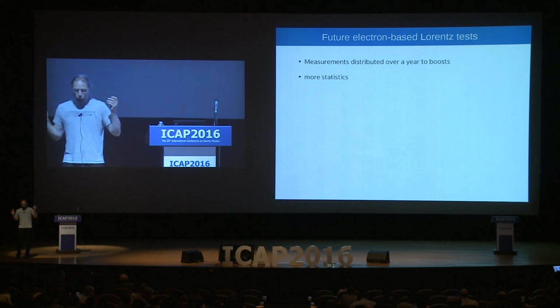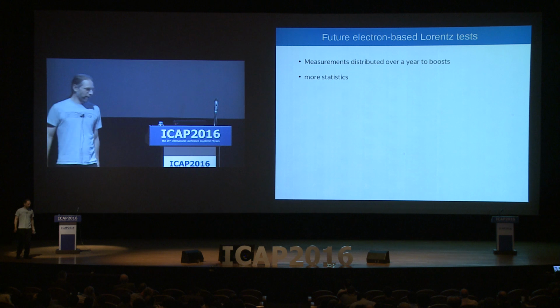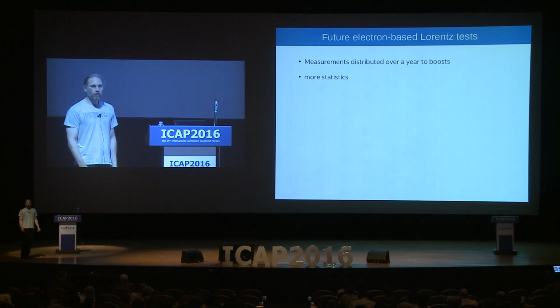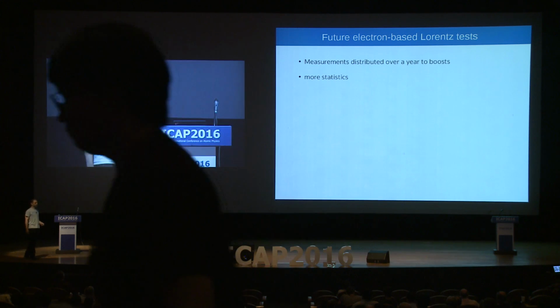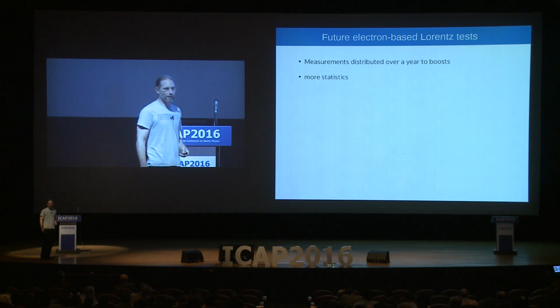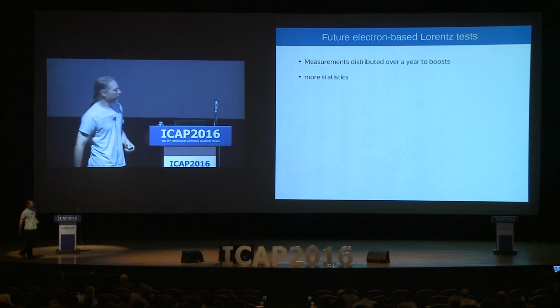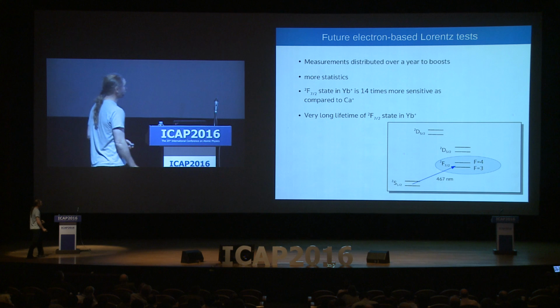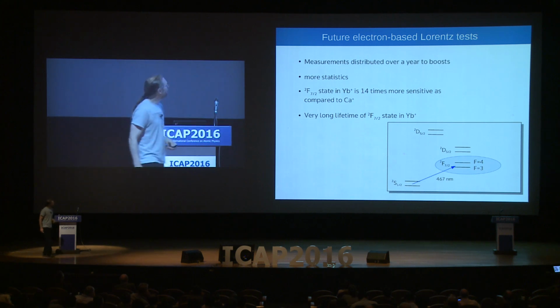So we just took 1 day of measurement and we got already a competitive bound, so you can think, oh yeah, let's measure a full year, but that gives you only an order of magnitude. So that's not really such a big help. So we need to turn to something else.